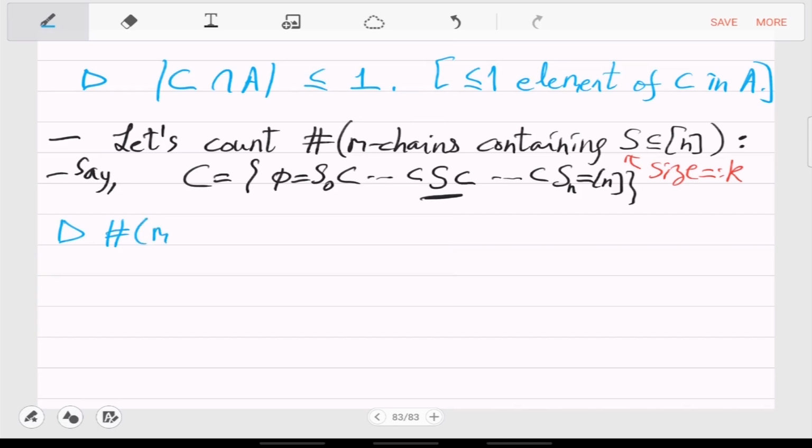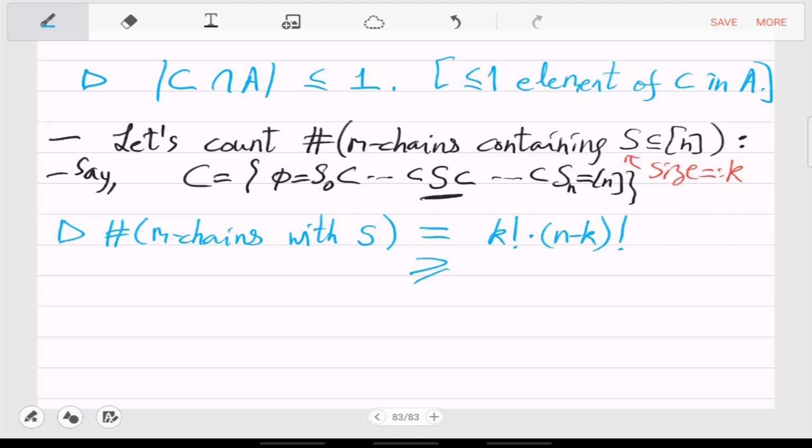So the number of M chains containing S is equal to k factorial times n minus k factorial. How does this function change as you vary k from 1 to n? You can show as an exercise that this is least at the midpoint.